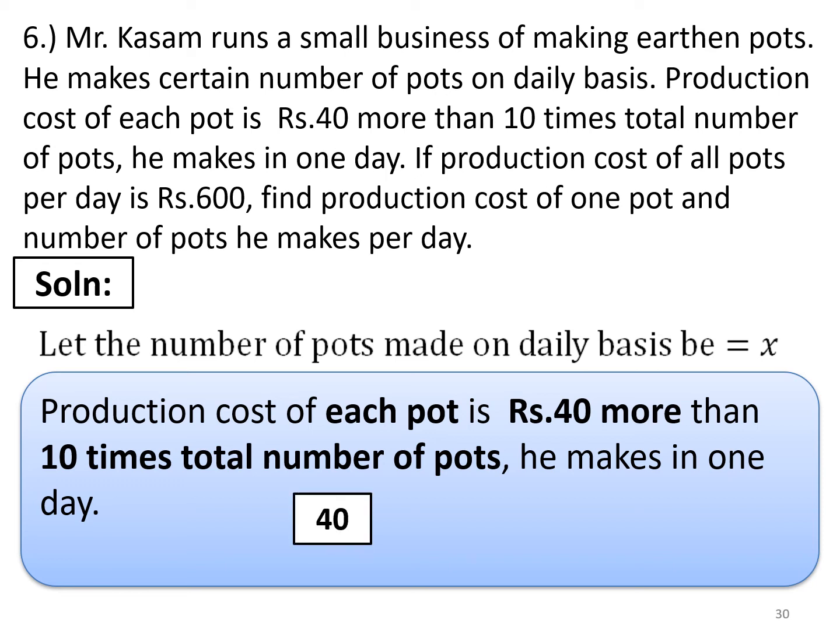So 40 more means plus 10 times the total number of pots. So 10 times means 10 and the number of pots he makes in a day is x. So 10 times will become 10x. So 40 plus 10x is the production cost of one pot.